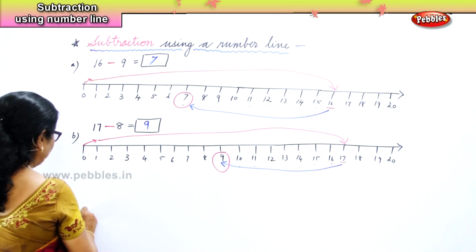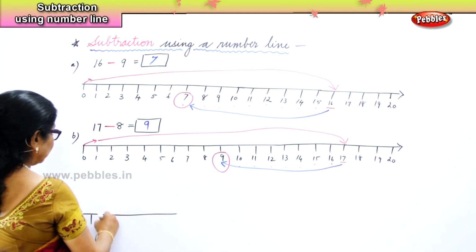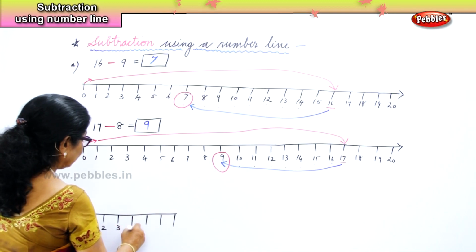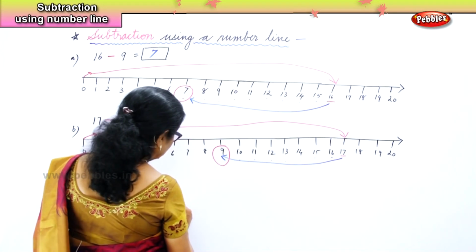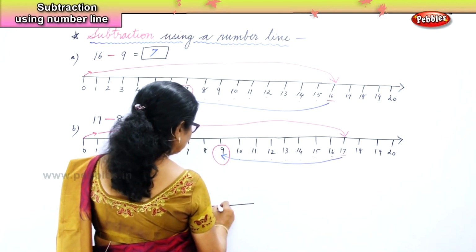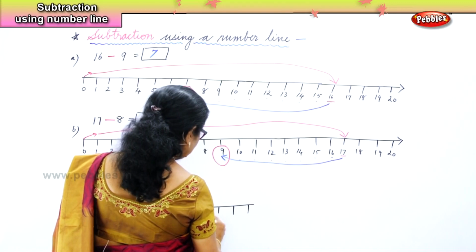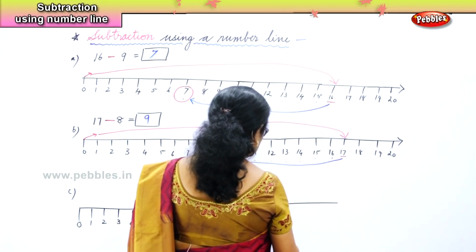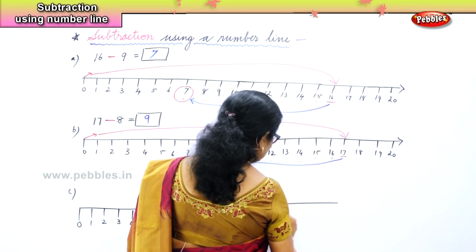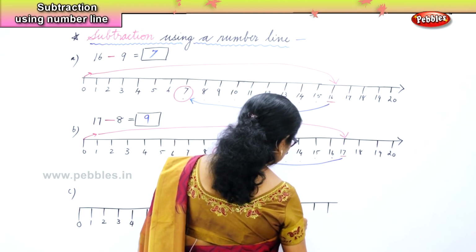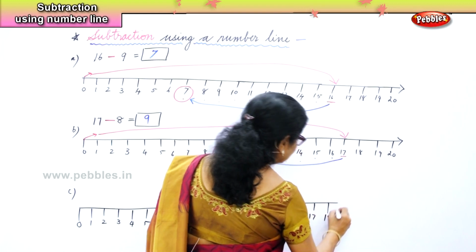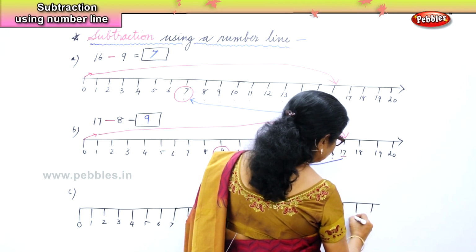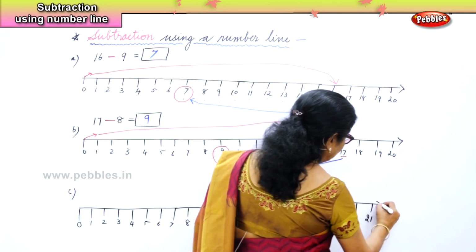We always begin with 0. And the line goes on.